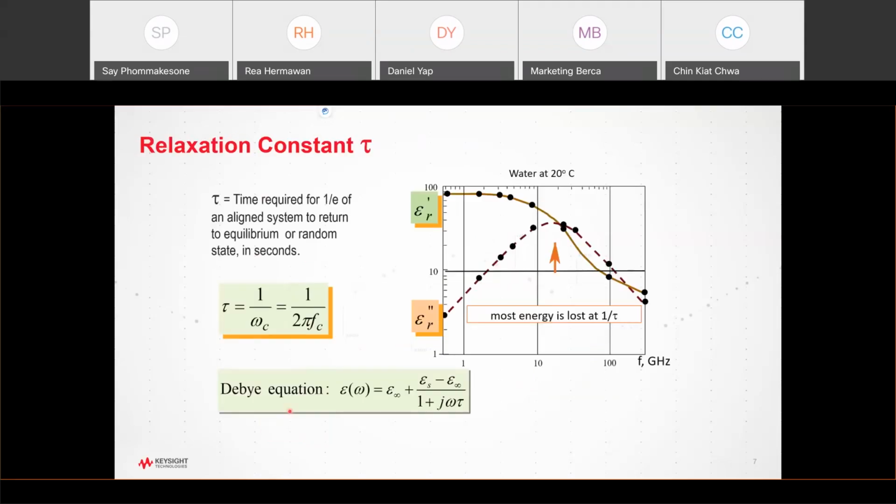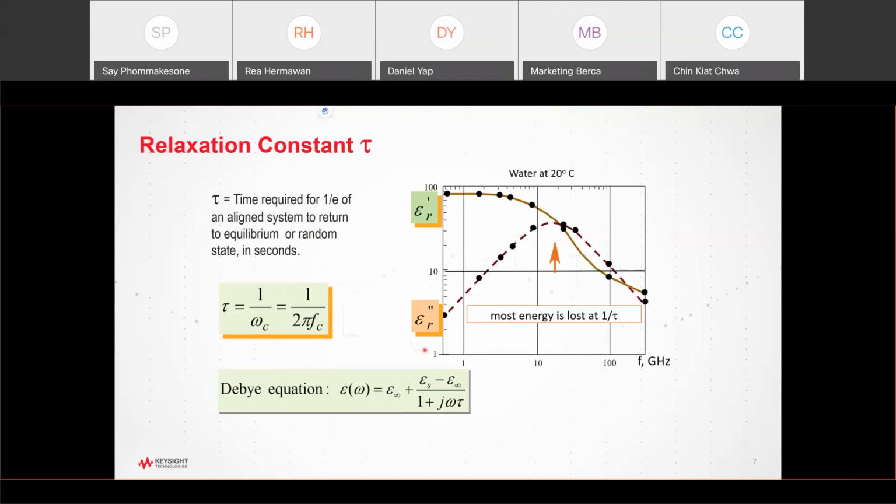Another interesting term is called relaxation constant. This is used in many applications, especially for liquid and chemistry. This is used to describe how the polar material interacts with the electric field.